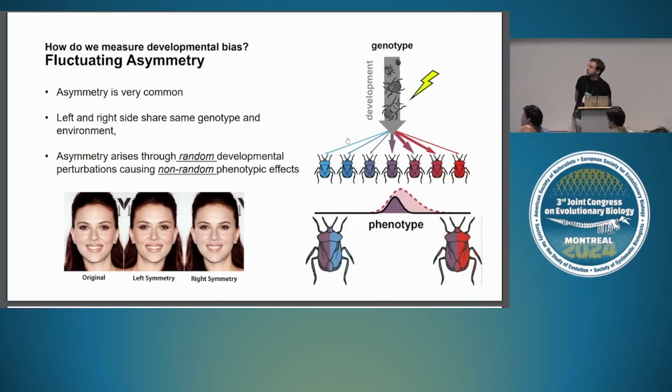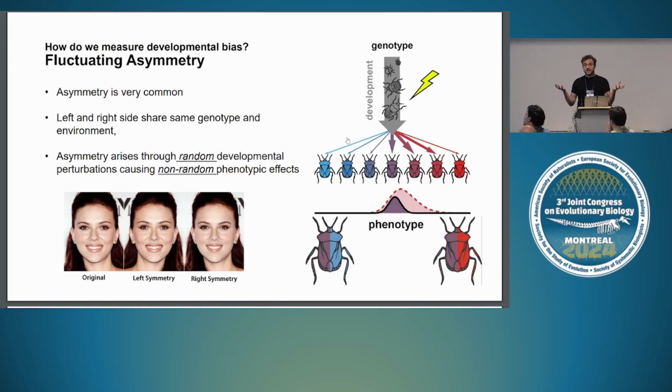So how do we measure developmental bias? We did not have the time, money, or nerve to do mutation accumulation lines. So what we did instead was we looked at fluctuating asymmetry, and I want to tell you why we think that this is actually a good estimate. In bilateral organisms, the left and the right side of the same individual not only share the exact same genotype, but also the same environment.